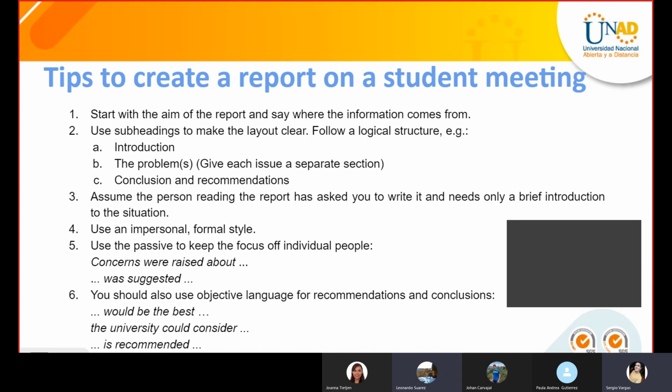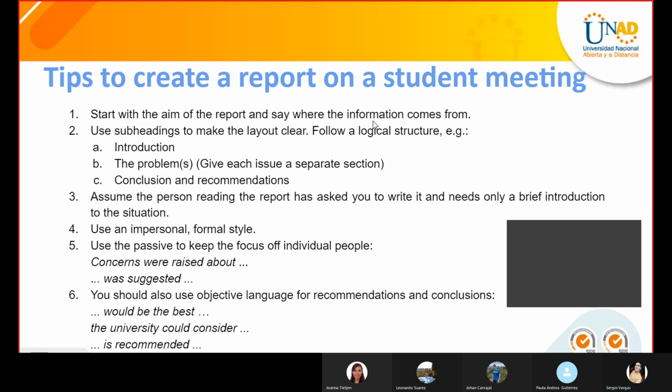Fifth, use the passive to keep the focus off individual people, like the example: concerns were raised about, or was suggested. And six, finally, you should also use objective language for recommendations and conclusions.